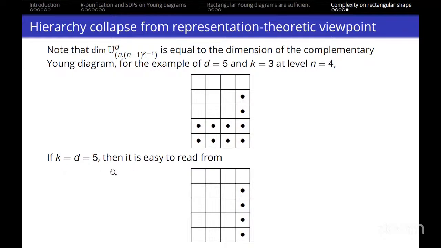And if K equals D, then you will have this one vertical Young diagram as your complementary. So this one is obviously, no matter how large n is, you will always have this very easy one to compute, D minus one.